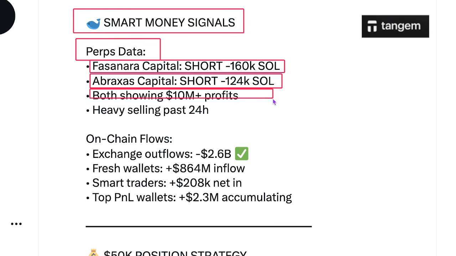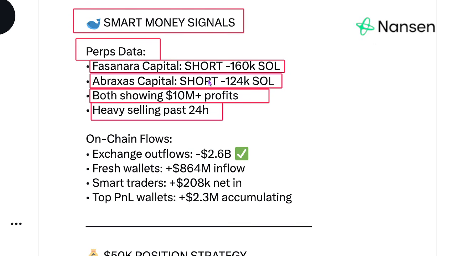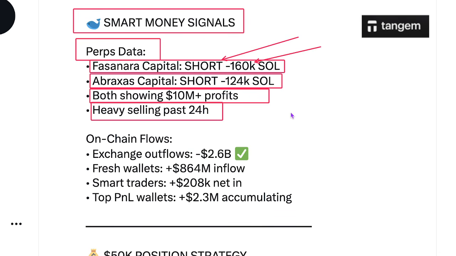There's obviously their profitability. There's heavy selling pressure in the last 24 hours. And of course, the key signal here is that it is short, but look at the quantity. It's short by 160K SOL. 124K sold short, and this is their profit. And of course, this is the picture for the last 24 hours.